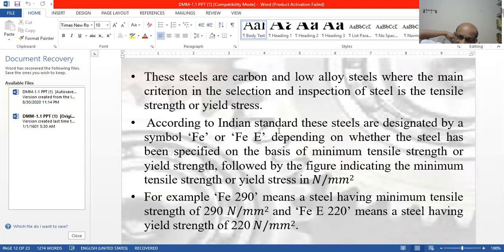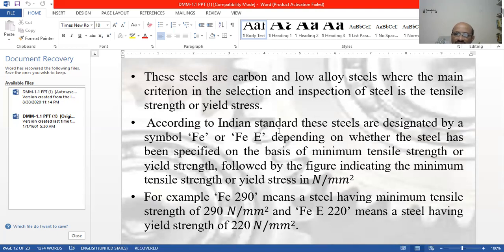According to the Indian standards, steels are designated by the symbol Fe, the chemical symbol. Depending upon whether the steel has been specified on the basis of minimum tensile strength or yield strength, we have to test it, followed by a figure indicating the minimum tensile strength or yield strength.